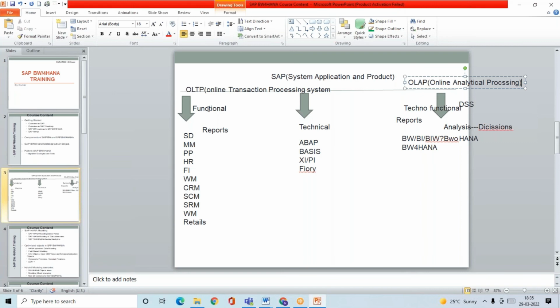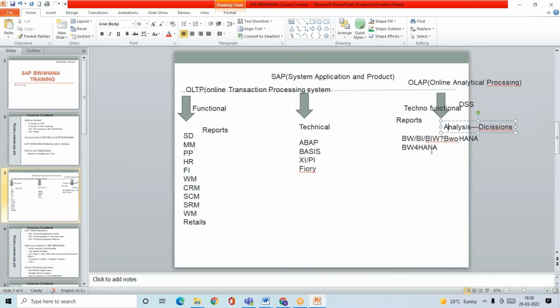It is not a reporting system. Whereas your BW system holds your historical data. Based on the historical data, we generate the reports, and based on the reports, the management people will do the analysis. Based on the analysis, they will take the decisions. So that is the main purpose of your BW system.